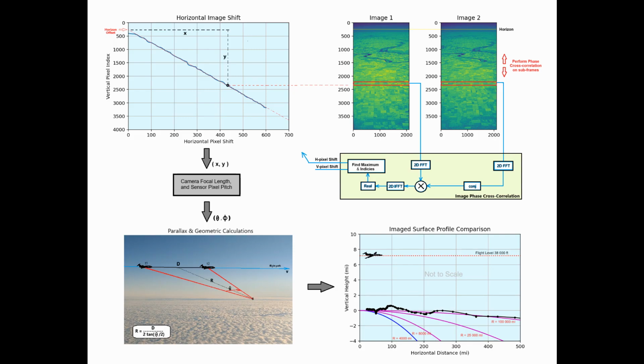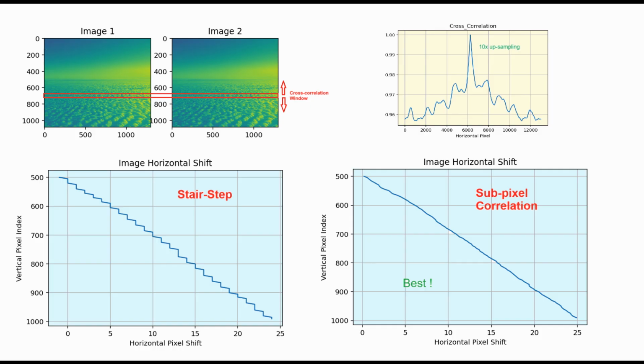And there's the equation, and also the dip angle, a sine and a cosine, which is not shown. And we can output a surface profile. Isn't that incredible? So notice here the cross correlation. We get a peak, which represents the shift. And what's neat about this method using FFTs, we can do subpixel correlation, and notice how smooth it comes out.